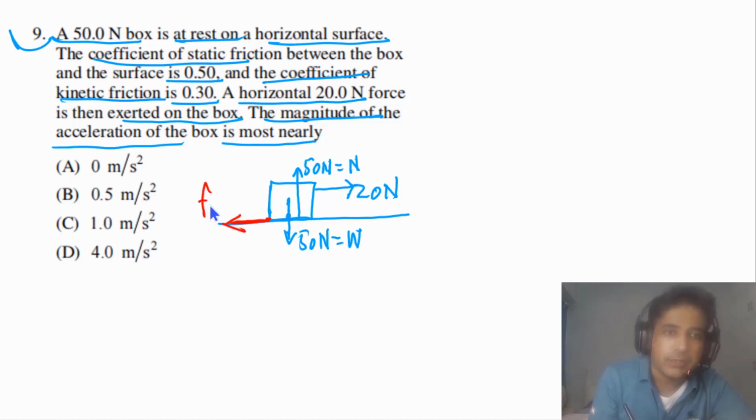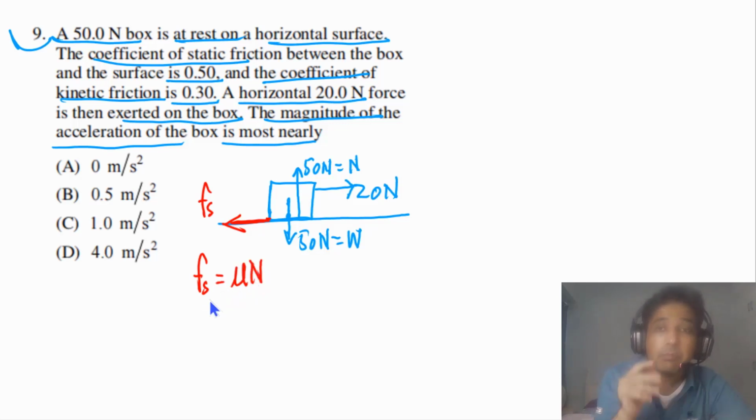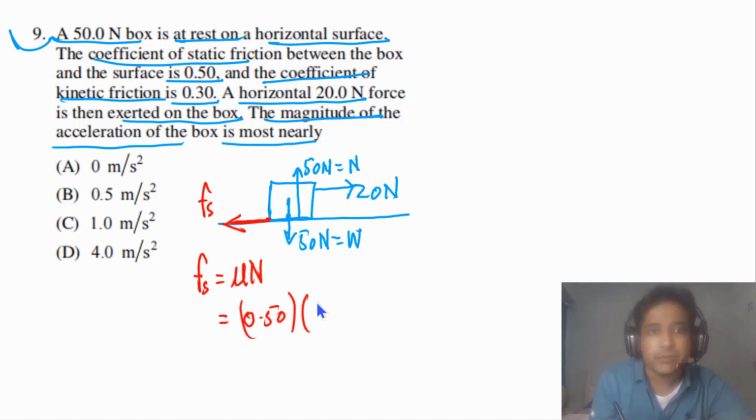We can say this is Fs. So Fs in this case will be equal to mu times N. This is the maximum value of friction, limiting friction. So mu in this case is equal to 0.5, and the normal reaction force is equal to 50. If we solve this, we will get 25 newtons.